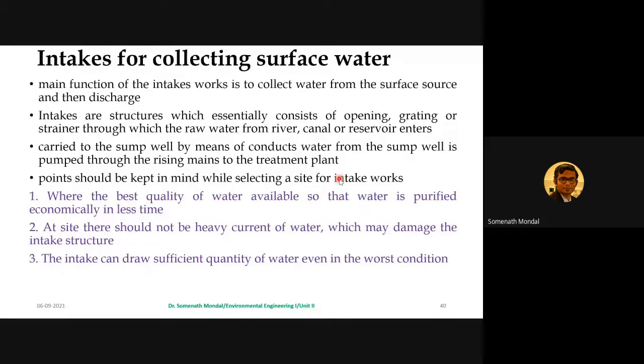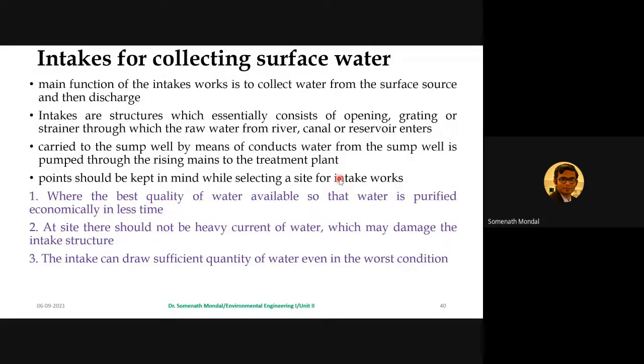At the site there should not be a heavy current of water, because that will increase the turbidity of the water, as you know very well by now, and it may damage the intake structures as well. So there are two things: one is the structural aspect, and the other is the quality of water, as the cost of treatment would also increase. Now, the intake should be able to draw sufficient quantity of water even in dry conditions.